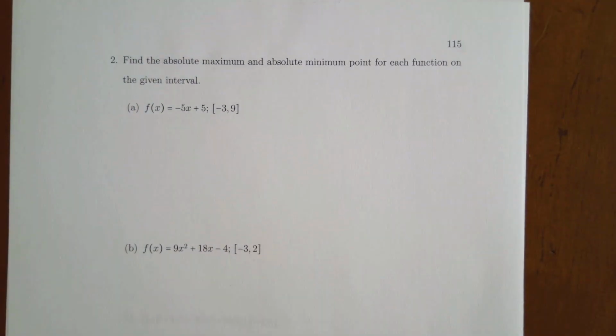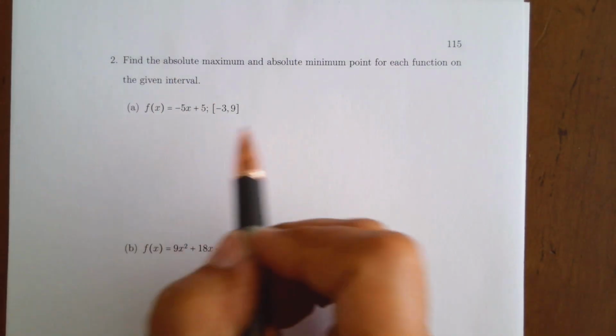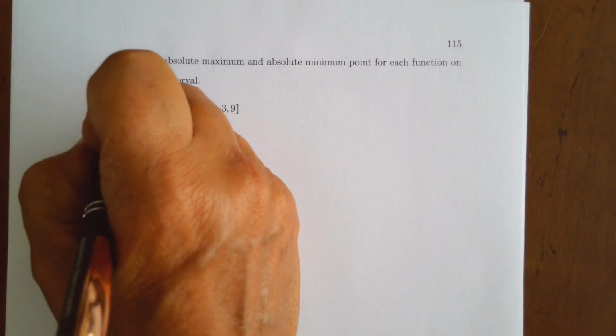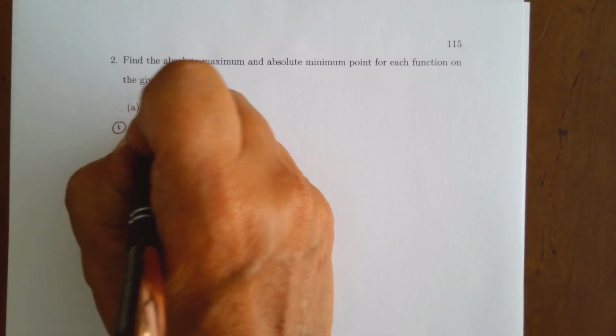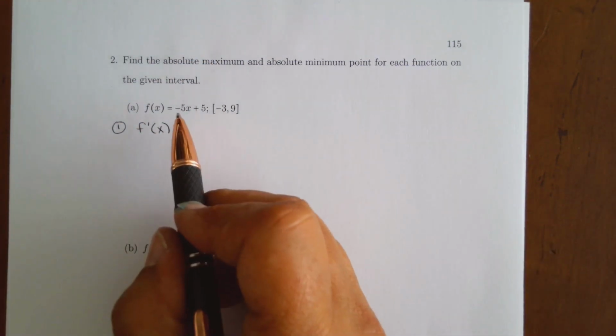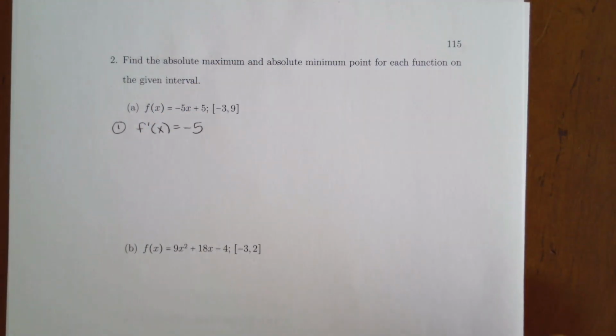All right, so number 2. Now we're going to be given functions. Find the absolute max and the absolute min for each of these functions between this given interval. All right, so step 1 is to find the critical numbers. So that's the derivative. Find the derivative. Okay, the derivative of -5x is -5. That's it.